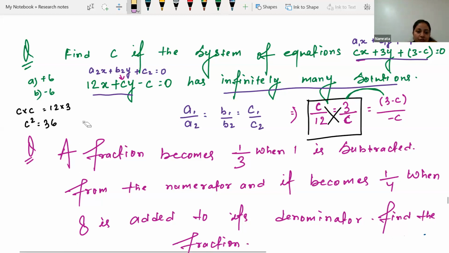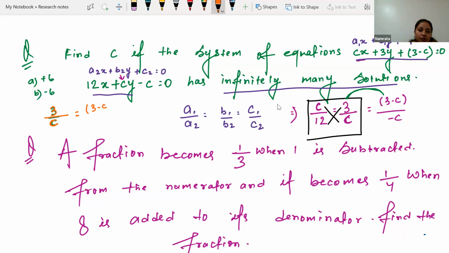We can take the other two fractions, the way we took the first two and did the comparison. We can take the next two also. We can say 3 by c is equal to 3 minus c over negative c, and we can solve it. Please solve it and check. What are we getting? Can you see this, Harshit? Yes, ma'am.